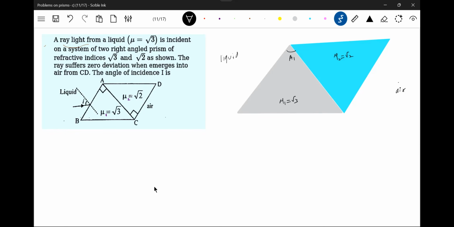I'll write A1 equal to A2 equal to 90 degrees. Now what will happen? The refractive index of the liquid and the first prism are the same. You check that one. This condition is very important. The refractive index of the liquid and the first prism are the same, so the ray will go undeviated.